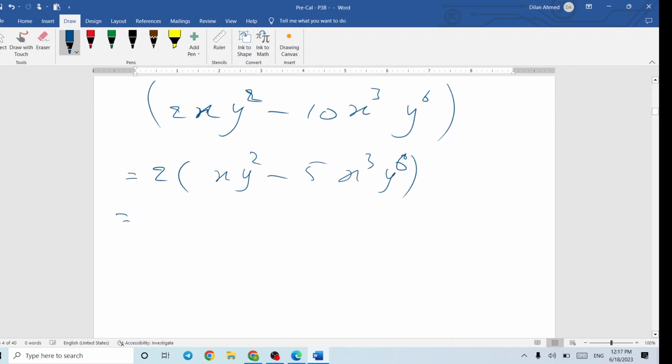Then it's x's time. I'll get what? y squared only, right? 5 x squared y to the power 6. Why? What did we do? We factored out. Exactly. But what did we do before? We had x and x cubed, right? We say 1 minus 1, 3 minus 1, and we get what? We get 2. You know what I mean?